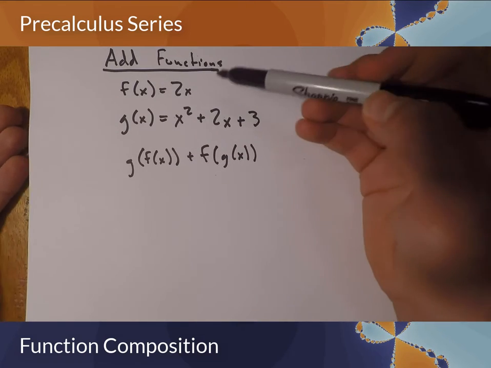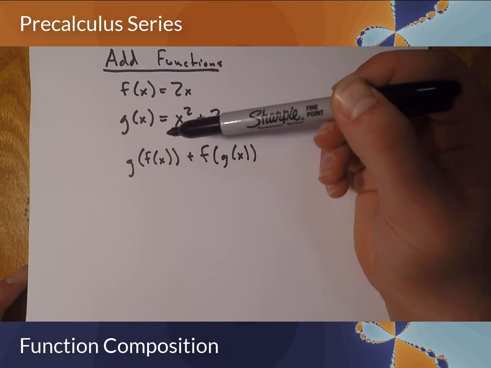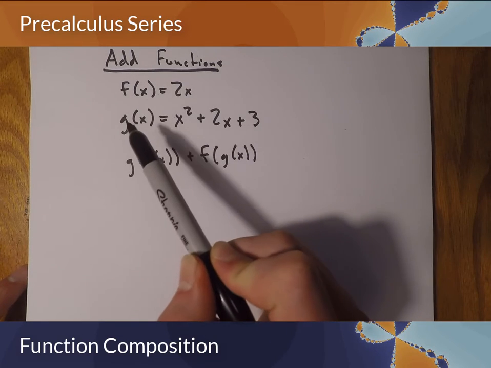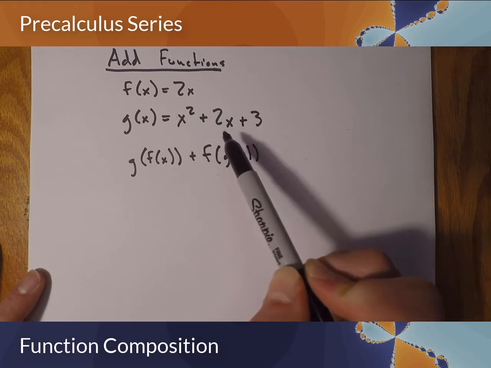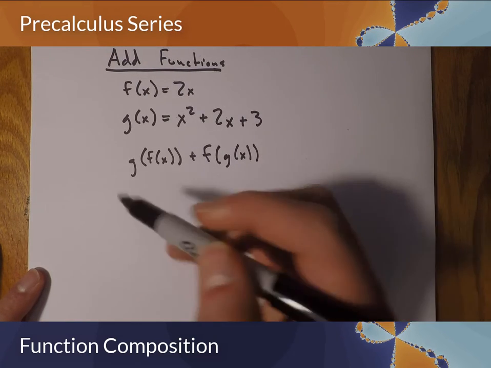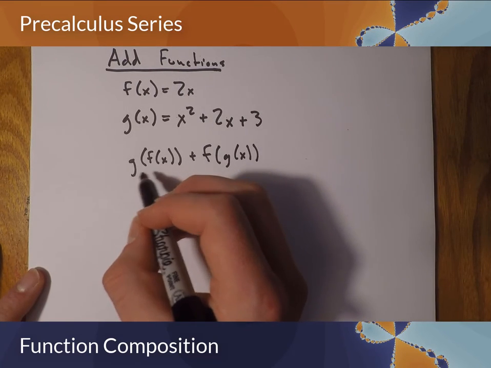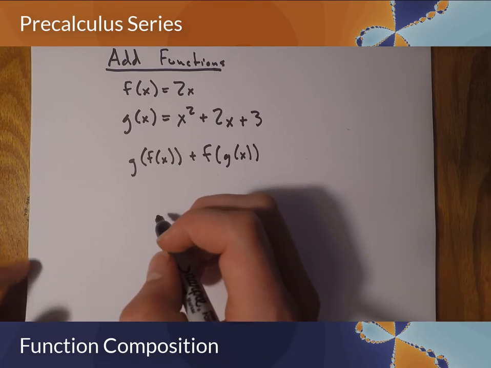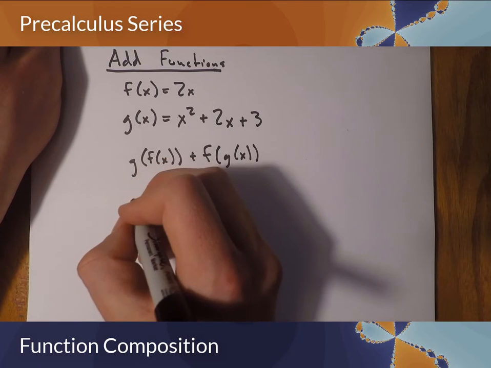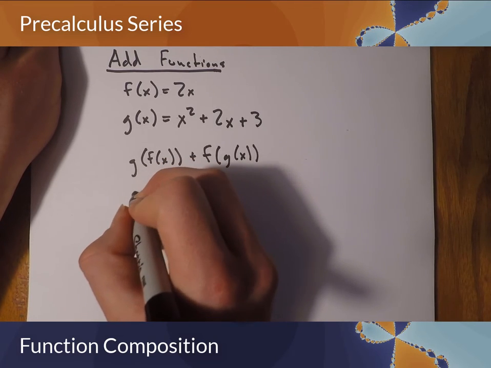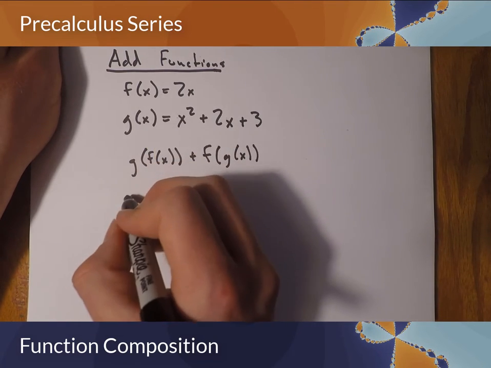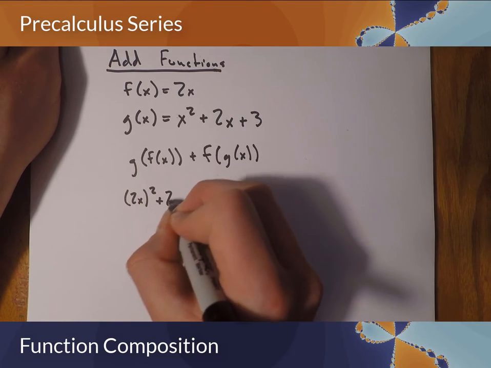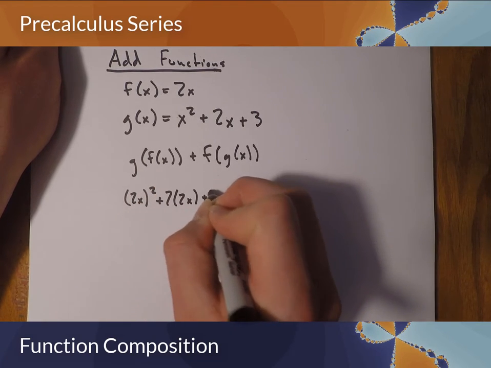So now let's say we want to add functions together. They give you f of x equals 2x and g of x equals x squared plus 2x plus 3. And they want to know what is g of f of x plus f of g of x equal to. Well, you just simply take g of x and sub f of x into it for g of f of x, so that would be (2x) squared plus 2x plus 3.